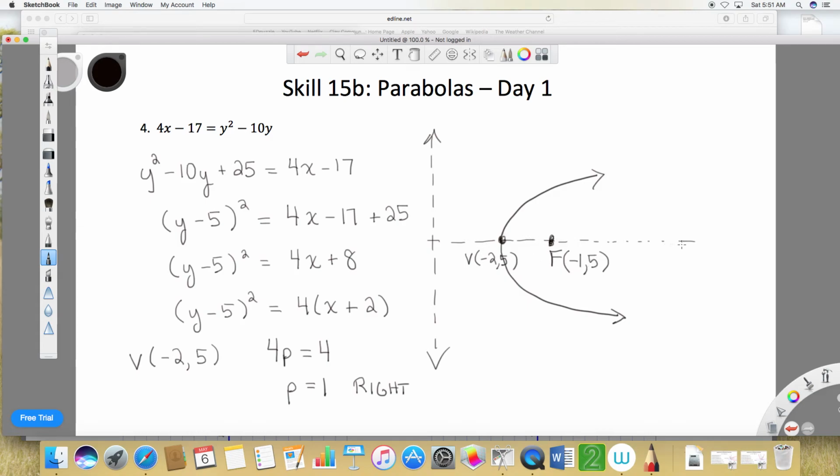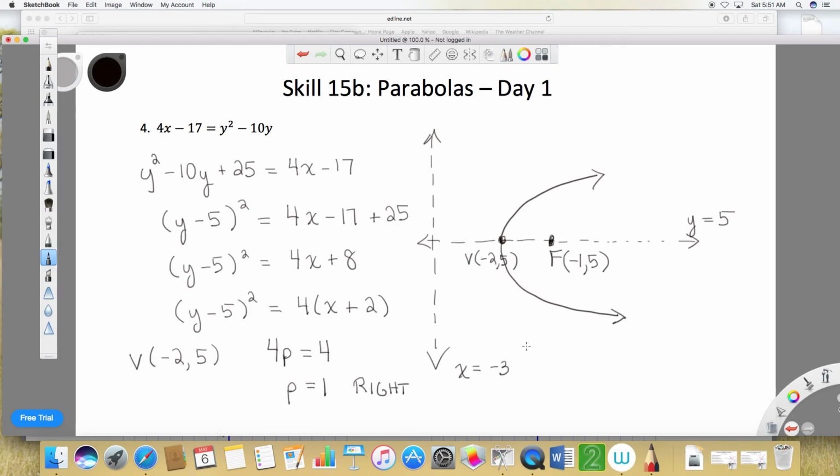Both of these points lie on this axis of symmetry. It's horizontal, so the equation is y equals, and both of these have a y-coordinate of 5 because they lie on that same horizontal line. Perpendicular to this y equals 5 is x equals, and one unit, this time to the left of the vertex, negative 2 minus 1 is a negative 3.